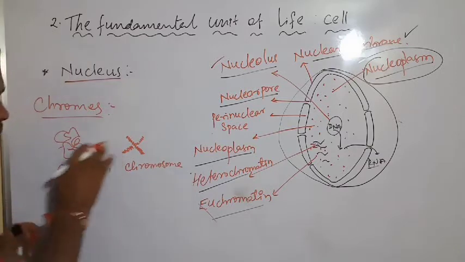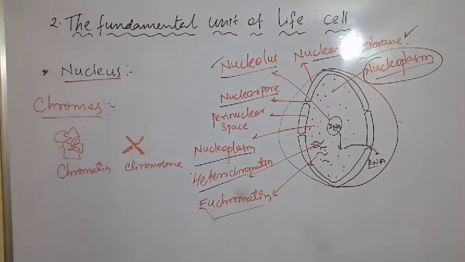What is said here? Rod-shaped structure formed from chromatin condensed together when the cell is about to divide. When the cell is about to divide, the chromosome is composed of DNA and nuclear proteins, and contains the information for inheritance.